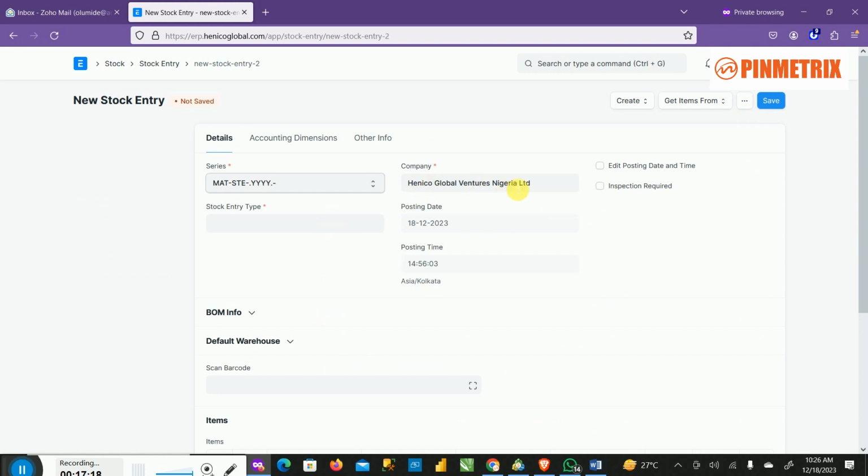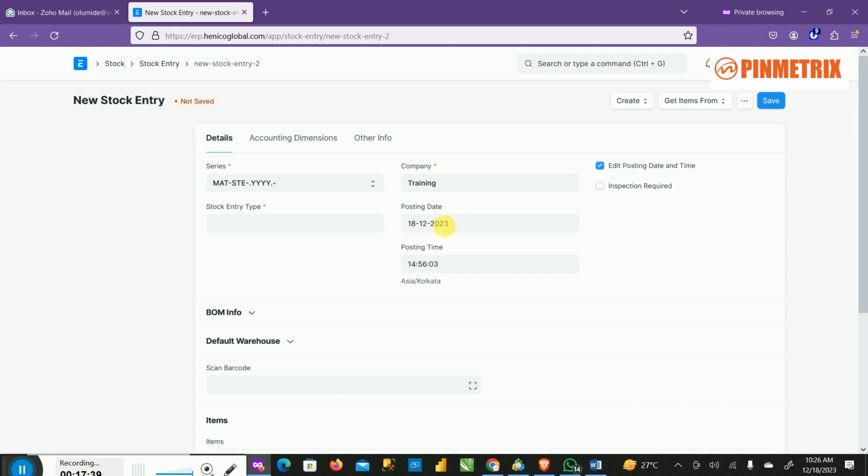Now I need to change this to the training purpose. Then maybe I also need to change the date. That is the date when the transaction actually took place. Let's assume it is today.